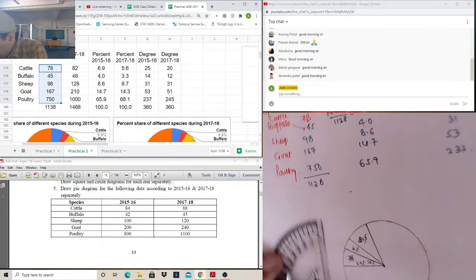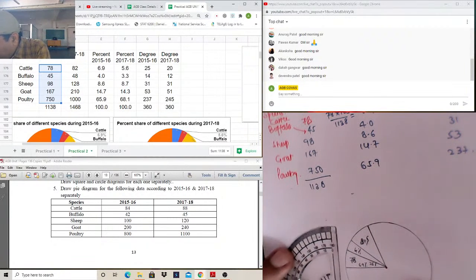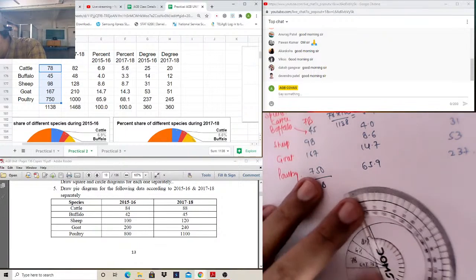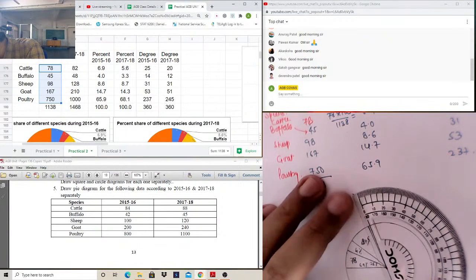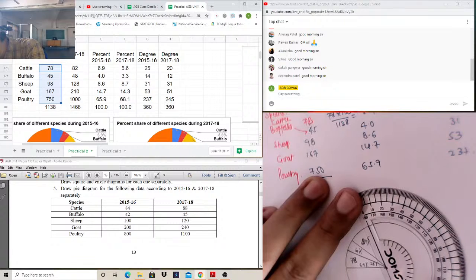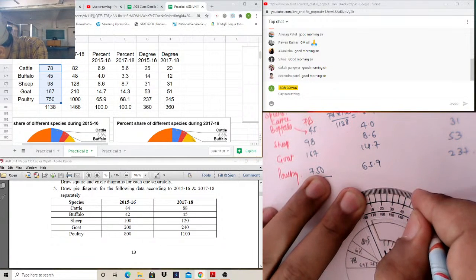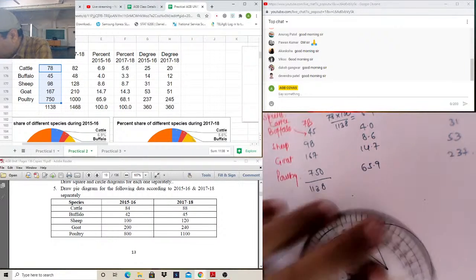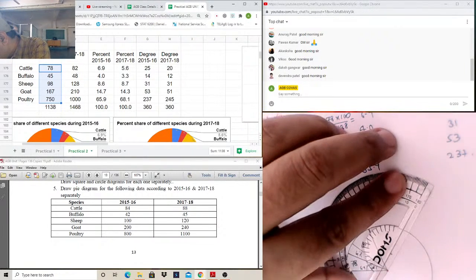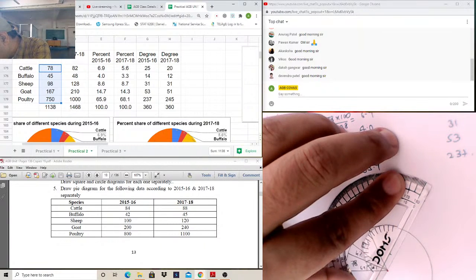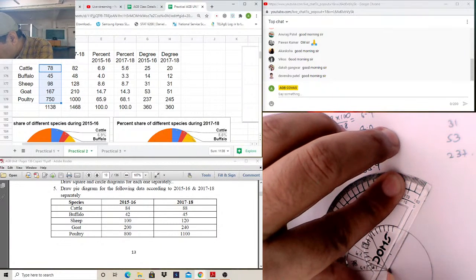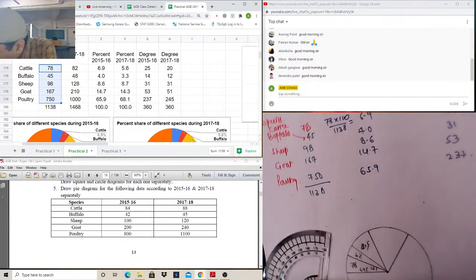Okay, and then your 53 degrees. From here you have to connect this up to the center, and it will constitute your 14.7% of goat, and the rest is with the poultry.